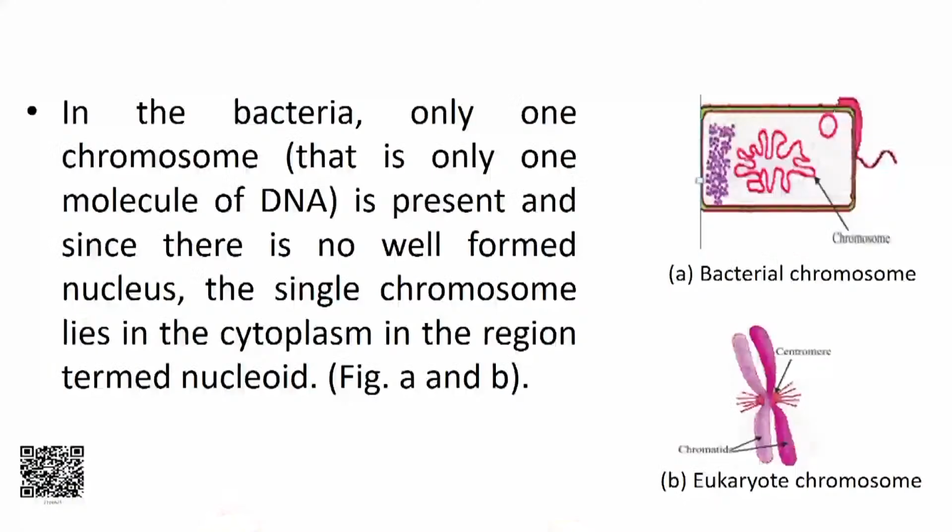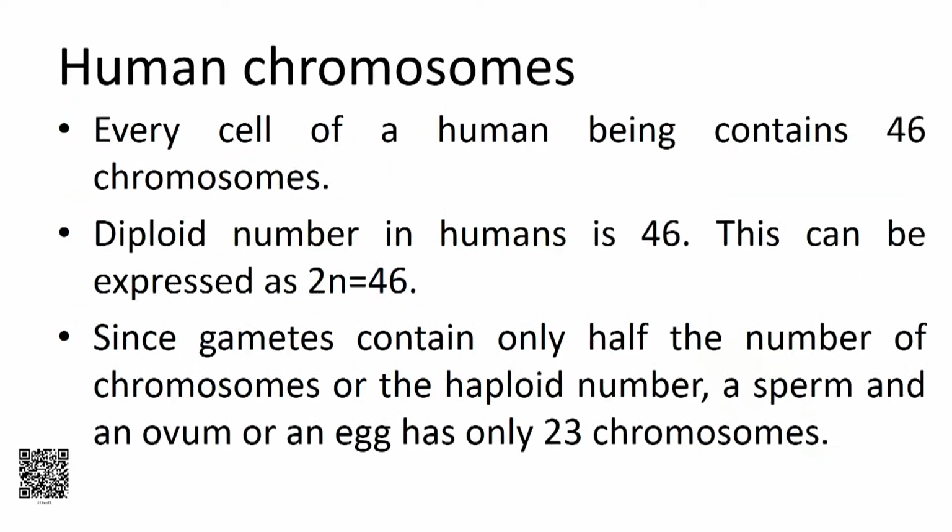In a bacterium, only one chromosome is present, and since there is no well-formed nucleus, the single chromosome lies in the cytoplasm in a region called the nucleoid. The first figure, A, shows a bacterial chromosome and the second figure shows eukaryotic chromosomes.